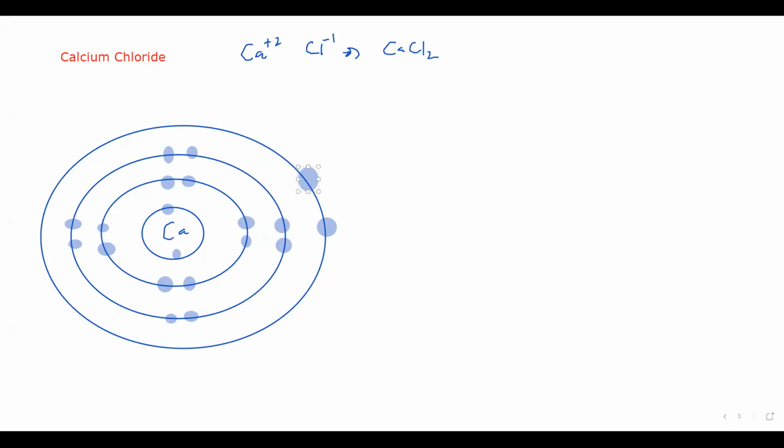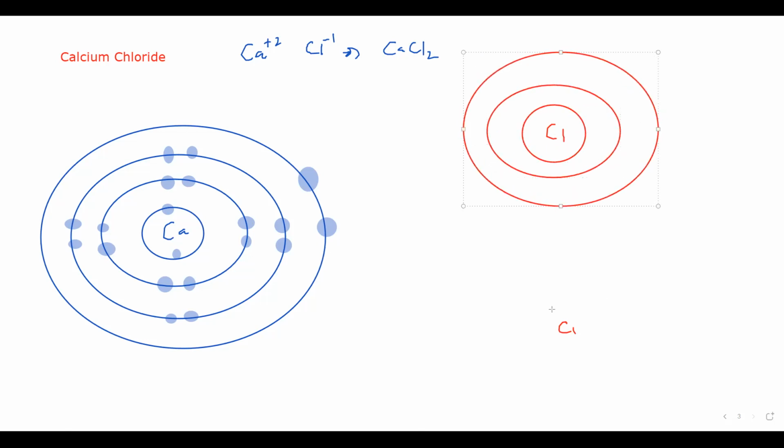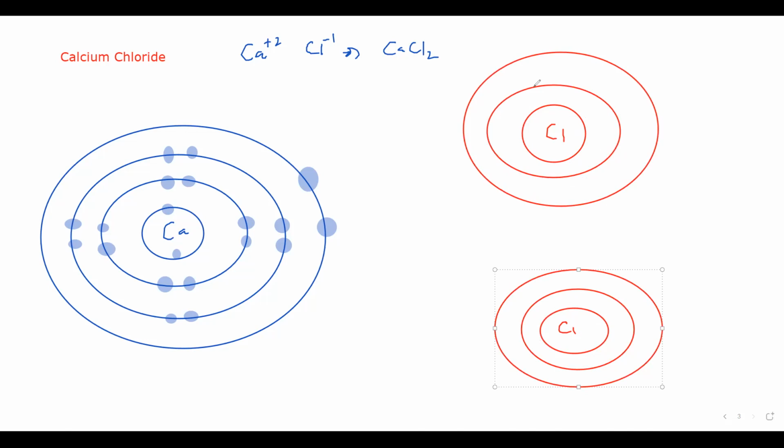And for chlorine, now we have to draw 2 chloride. So this is one and this is the second one. First shell it will have 2, second shell it will have 8, and third shell it will have 7. This will also have 2, 8 and 7.